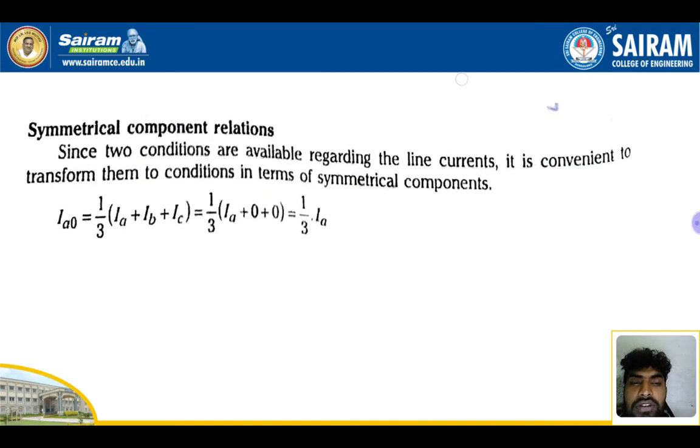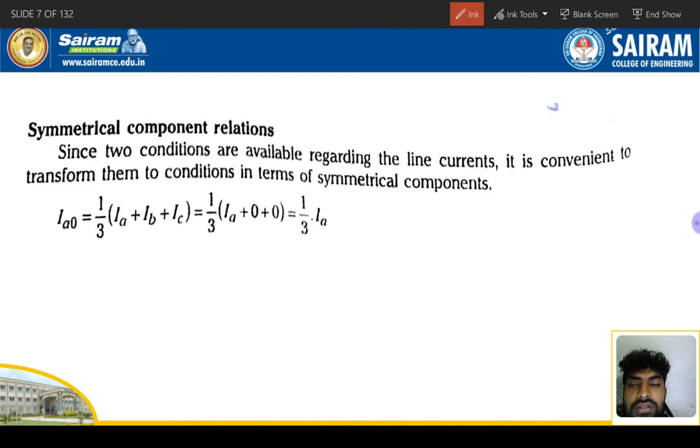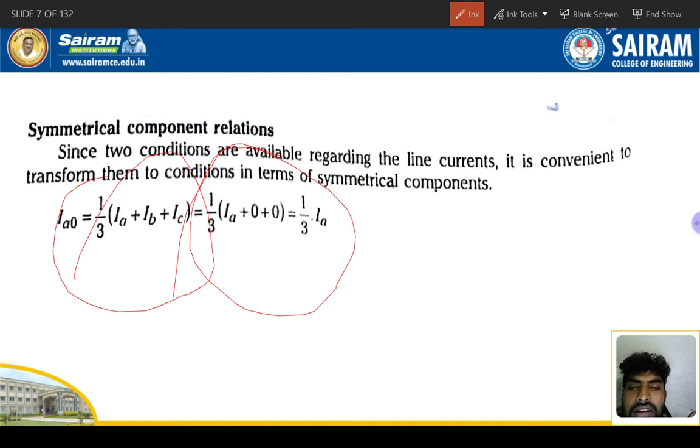Symmetrical components relation: since two conditions are available regarding the line current, it is convenient to transform them into conditions in terms of symmetrical components. We already know Ia0 is equal to 1 by 3 (Ia plus Ib plus Ic). For an LG fault, Ib and Ic are 0, so definitely we get 1 by 3 Ia.